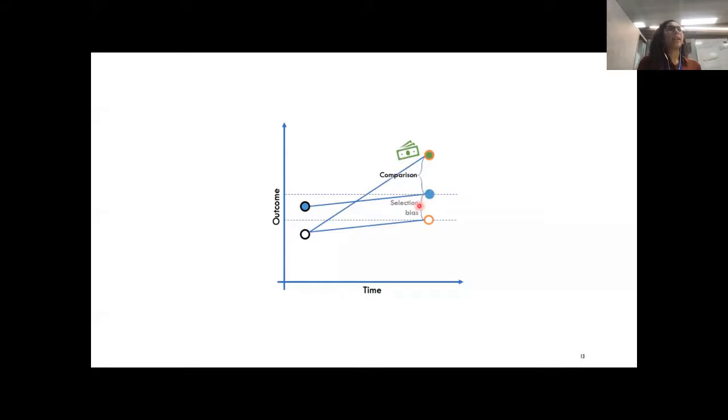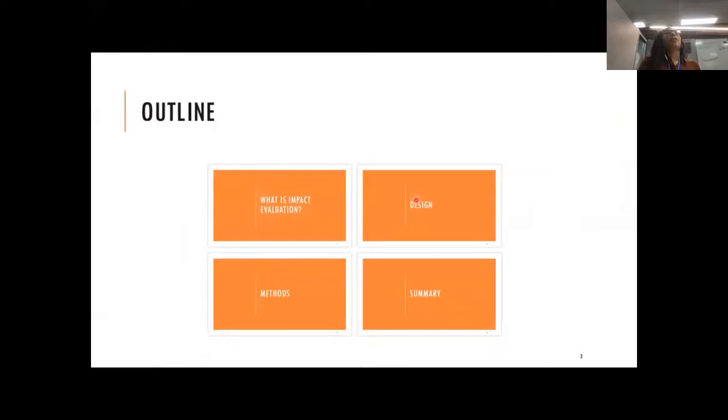So in our case, the selection bias means that our non-participants tended to have a higher attendance rate. If we incorporate that in our calculation, we can have the full treatment effect. So that is what impact evaluation is.